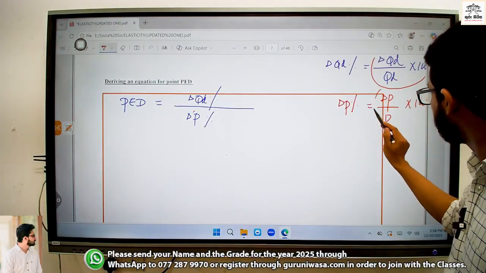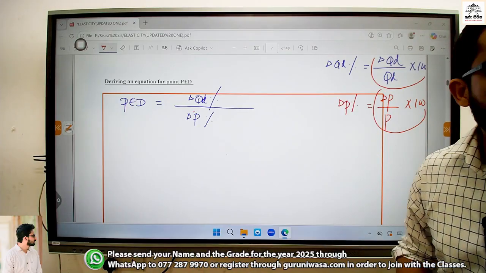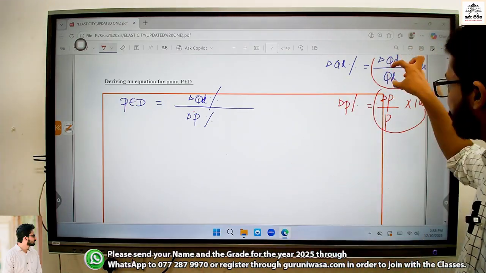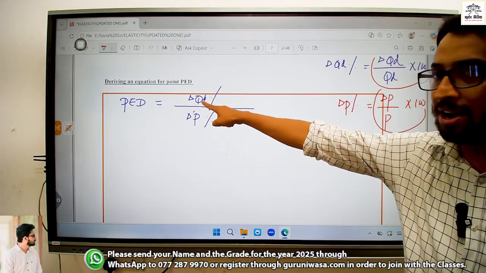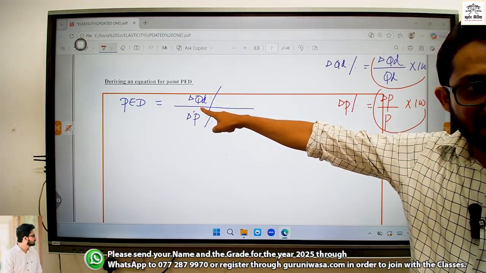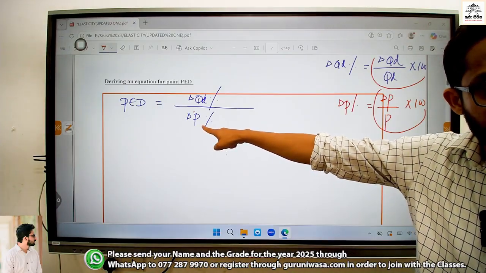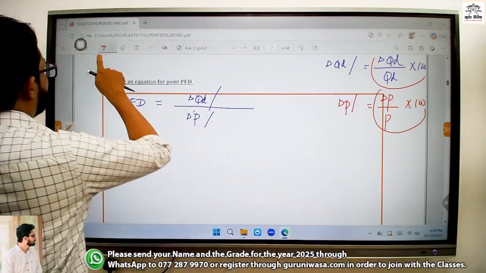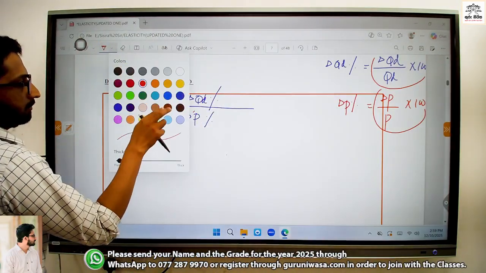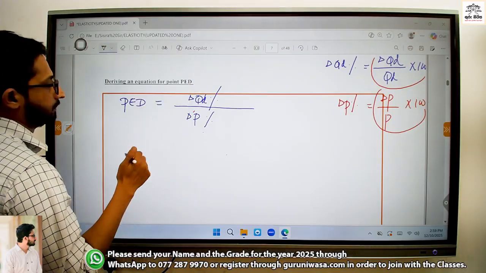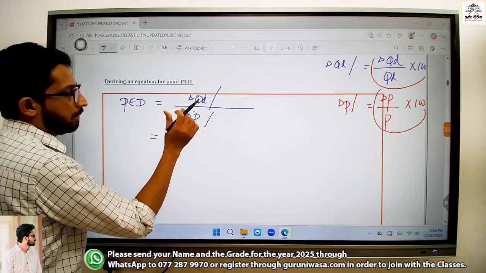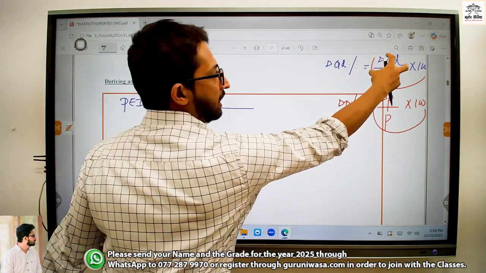Percentage change in price equals this part. Now I can substitute these two equations instead of percentage change in quantity demand and percentage change in price. Percentage change in quantity demand equals this part.